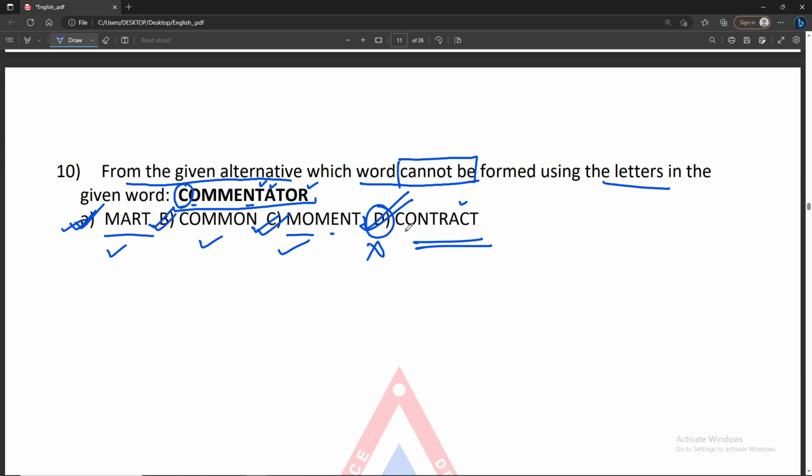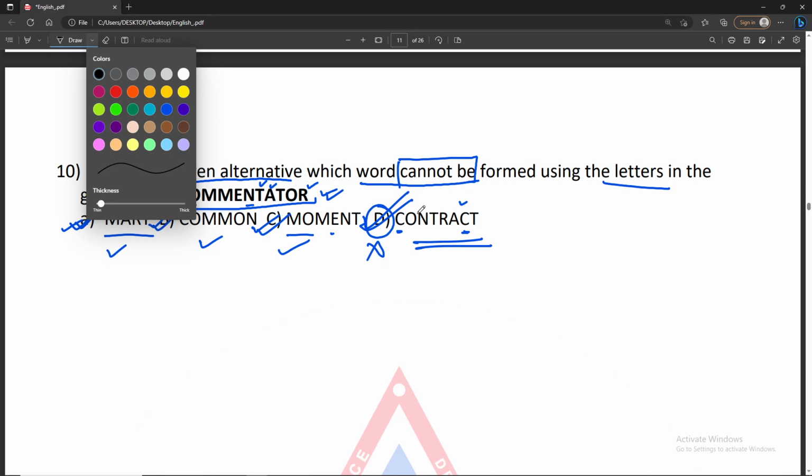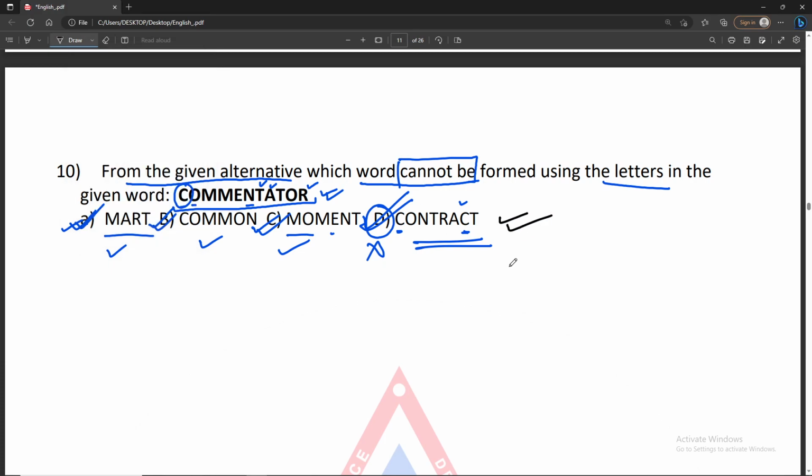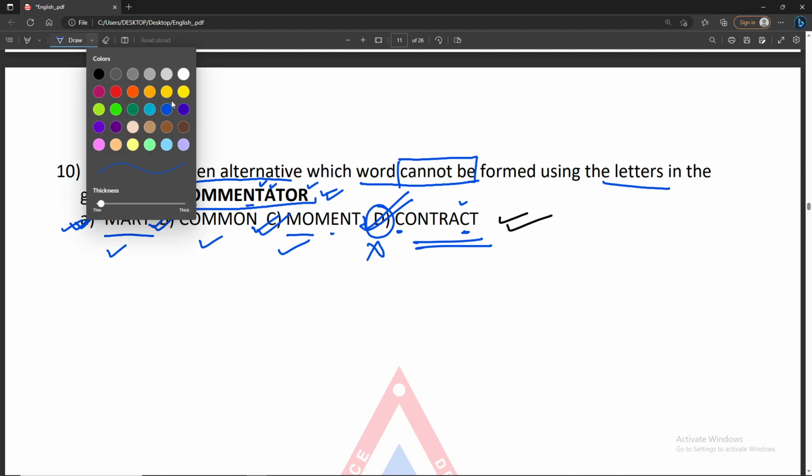But in this word there is double C. So contract cannot be written using the letters of commentator. Okay, so the option for this question is contract, option D. Okay, hope you got it.